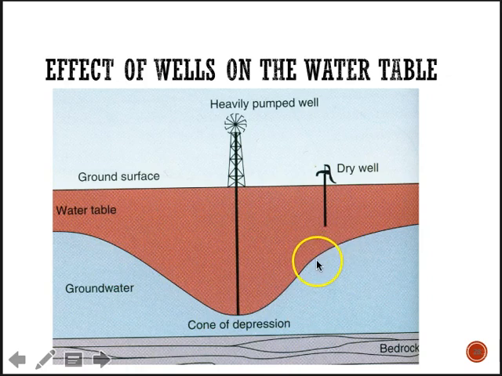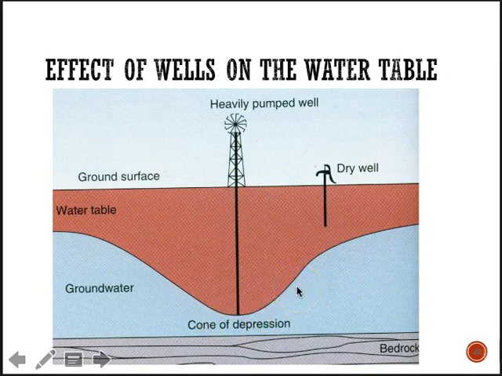The water table isn't straight across. It dips down because of this well that's pumping the water out. So any nearby wells that people are using for their house are more likely to run dry if they're near a heavily pumped well. So the groundwater dips down here.